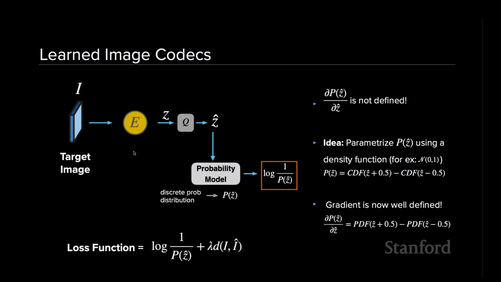Okay. The reason I could assume that my probability model looks something like Gaussian, I could have actually assumed anything, is because at the end of the day, I'm going to train my parameters based on this log function, right? And my log function has this log 1 over P of Z hat.